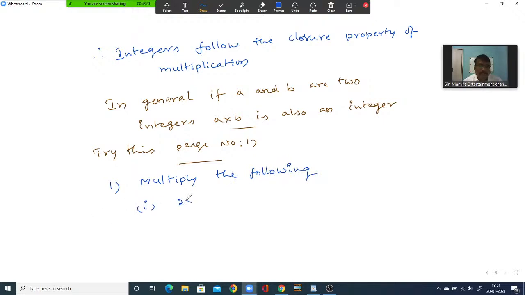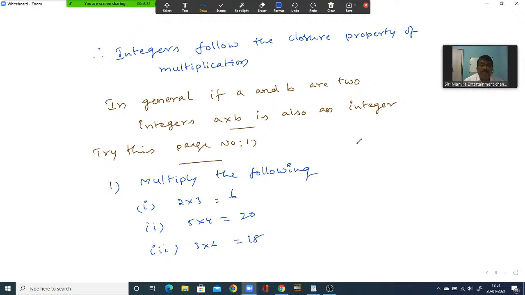One is 2 into 3. Second is 5 into 4. Third is 3 into 6. Okay. Similarly, multiply any two whole numbers of your choice. 2 into 3 is 6, 5 into 4 is 20, 3 into 6 is 18. So when we multiply two whole numbers, we get a whole number.